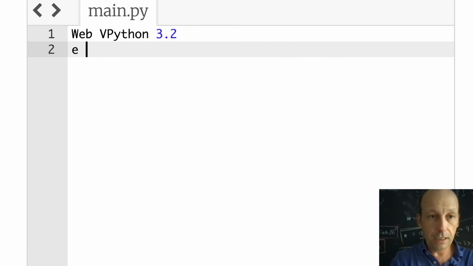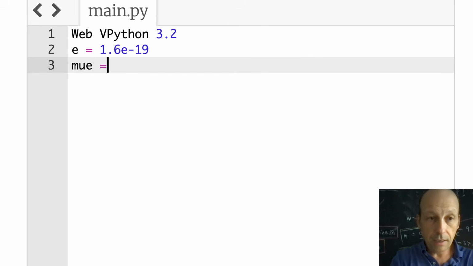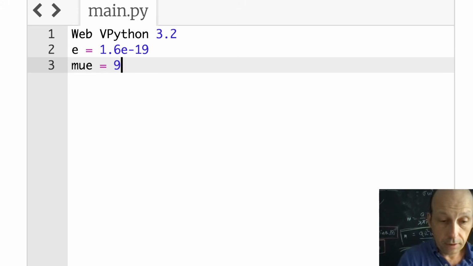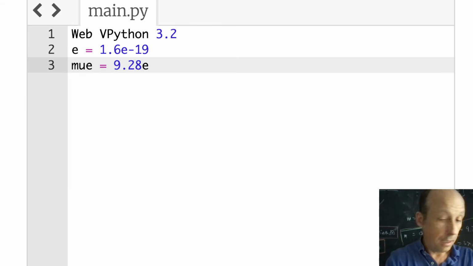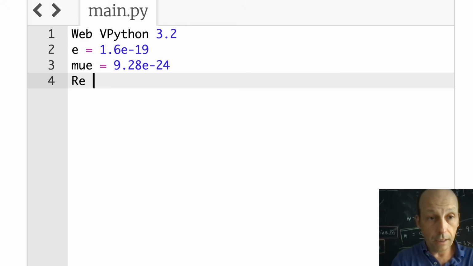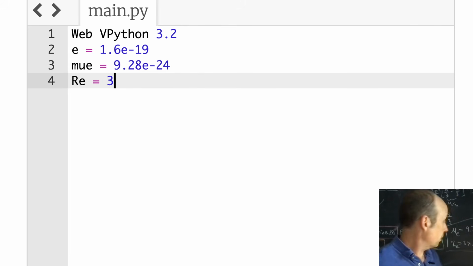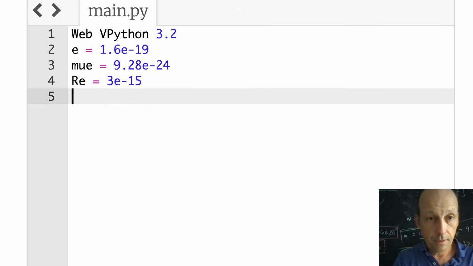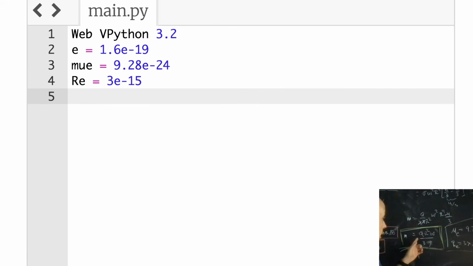I need the charge. e is 1.6 times 10 to the negative 19th. mu e is 9.28 times 10 to the negative 24. Re is 3 times 10 to the negative 15th. Okay, so if I solve for omega, omega is going to be equal to 3m over q r squared.